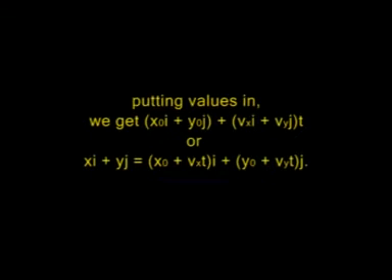Putting values in, we get x i plus y j is equal to x0 i plus y0 j plus (vx i plus vy j) into t, or x i plus y j is equal to (x0 plus vx t) i plus (y0 plus vy t) j.